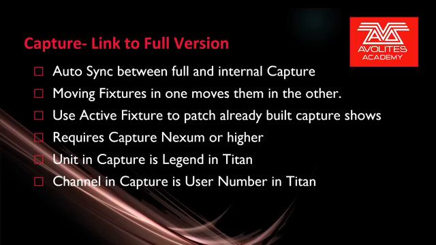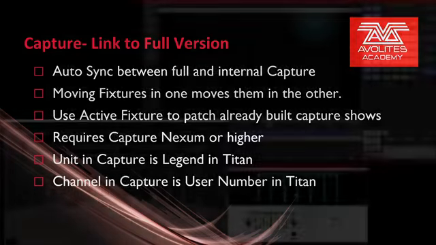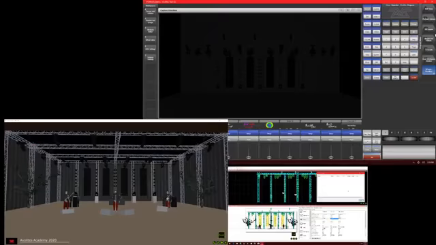So let's see how well this little screen here works. So we'll see here, I've got the full version of Capture down here in our bottom corner. Towards our upper right, we've got the Titan interface, and just below that, I've got the other screens on Capture, and so we can show some stuff there.